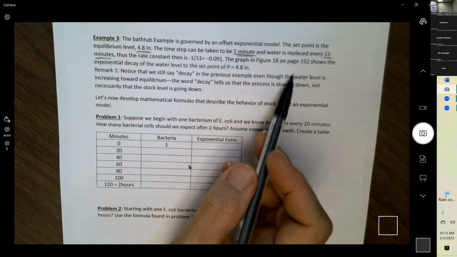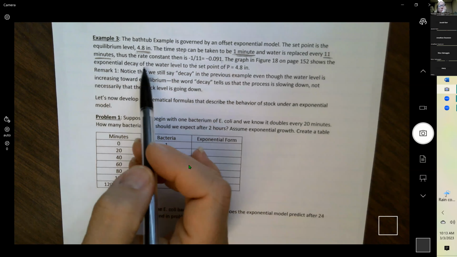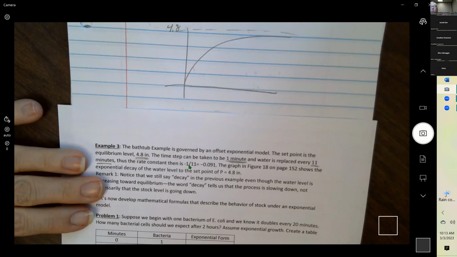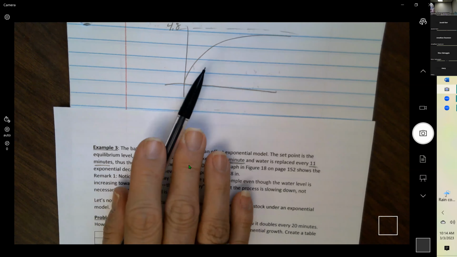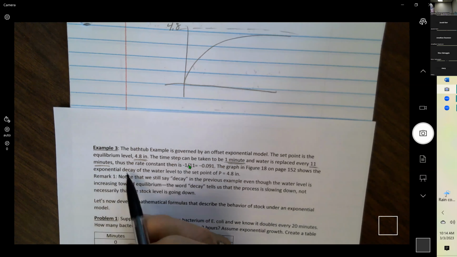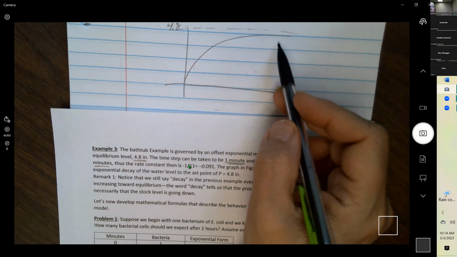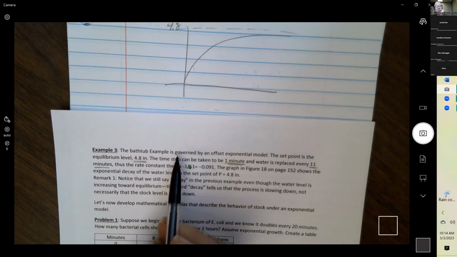If we look at the picture, this is the one that I showed you. If you go to page 152, figure 18, it's this one. It shows the exponential decay of the water level, and the set point was 4.8. But to find this rate constant, it's just whatever your time step is.